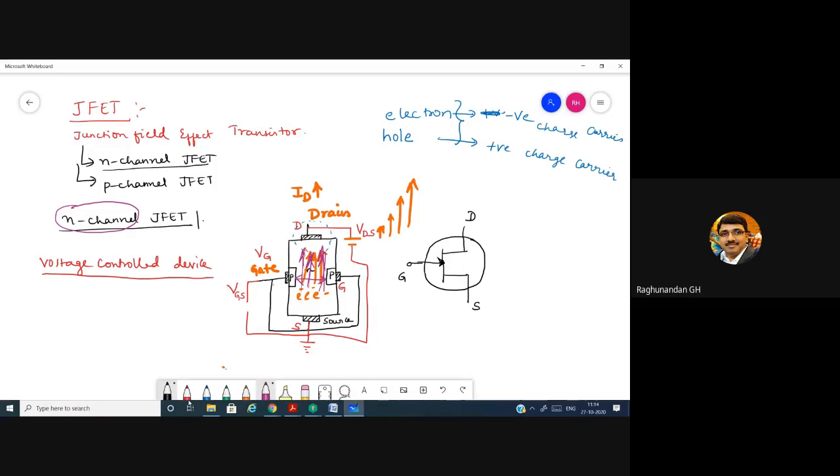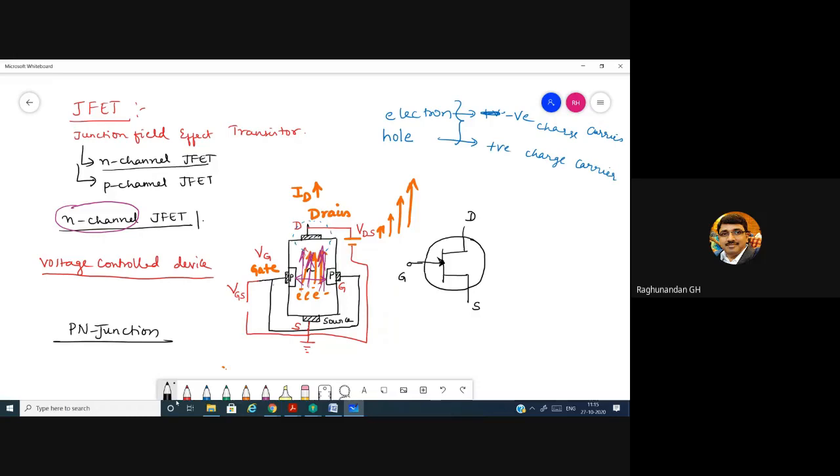When the number of charges flowing reduces, automatically the drain current will reduce. Now we need to think, how can we do this? We can do this only by considering the concept of the PN junction. That's why I was telling you in the last module, wherever you go, you'll get this PN junction concept.